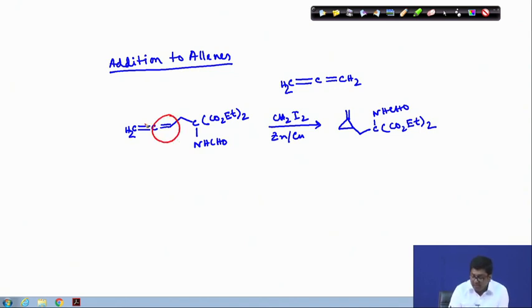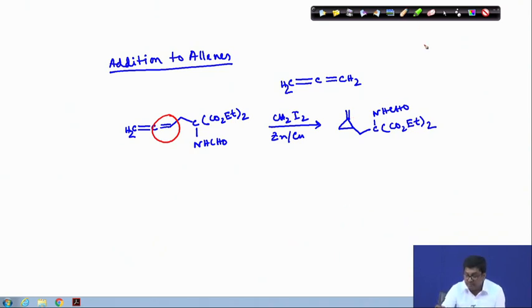Why? Because again if you see, there is one heteroatom near about, and that is guiding through which double bond is going to be cyclopropanated. Additionally, this side is more substituted also. So, overall the product is this one, this cyclopropane ring with this exocyclic double bond.